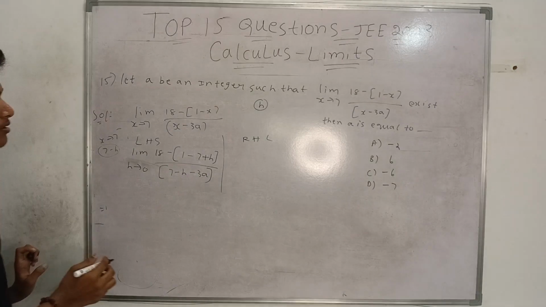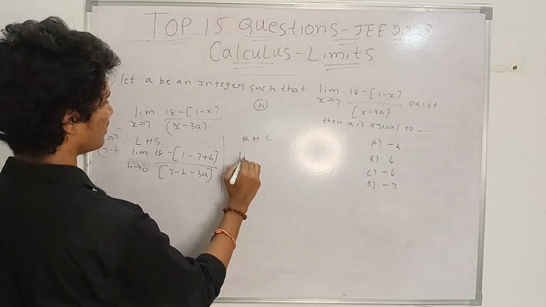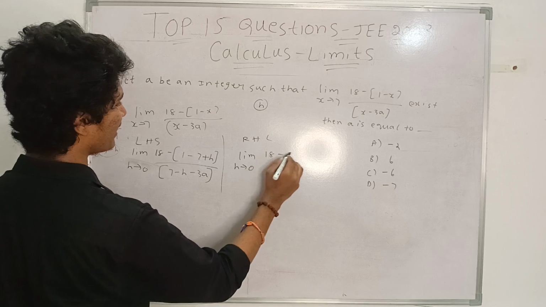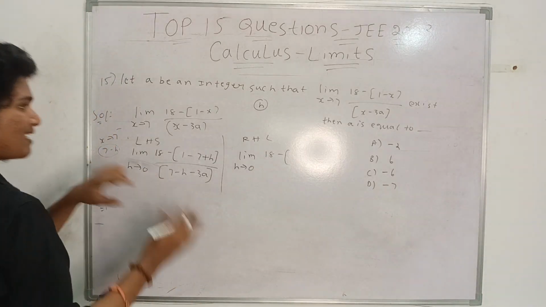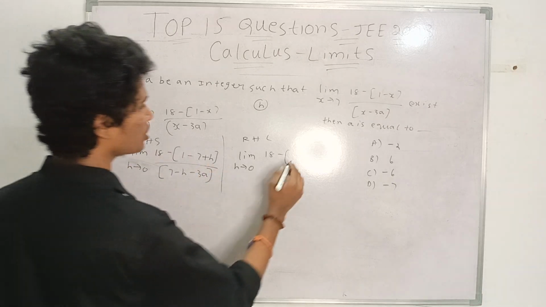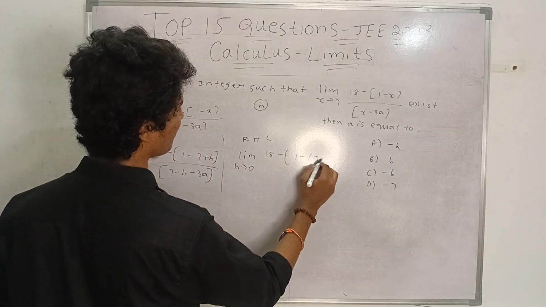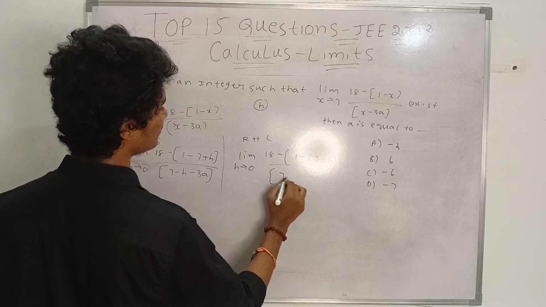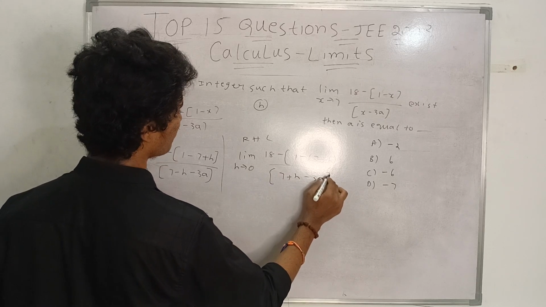And the RHL part, limit h tending to 0, x is 7 plus h, so 18 minus [1 minus 7 plus h] divided by [7 plus h] minus 3a.